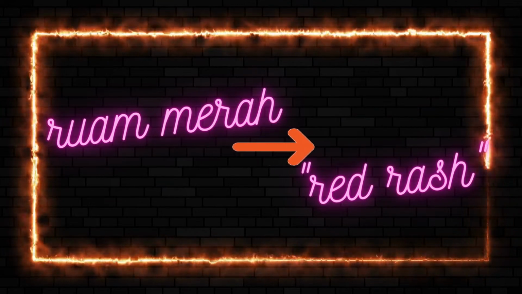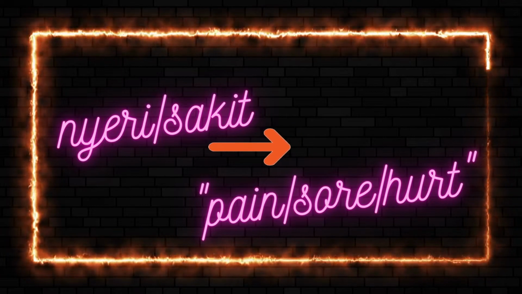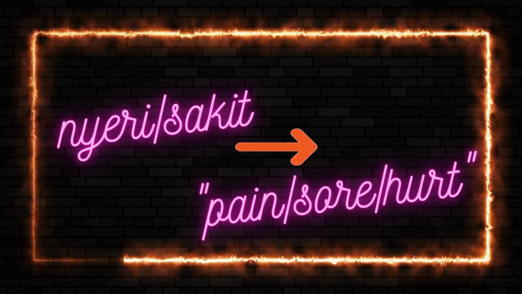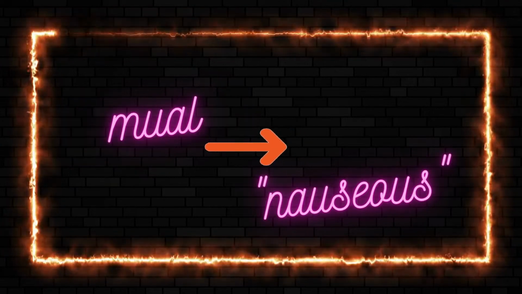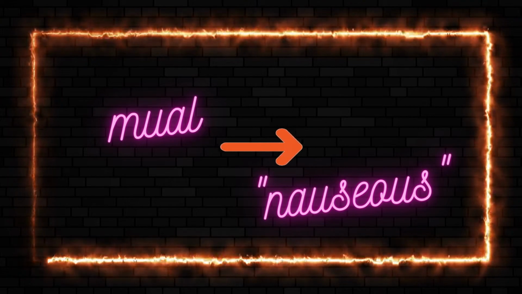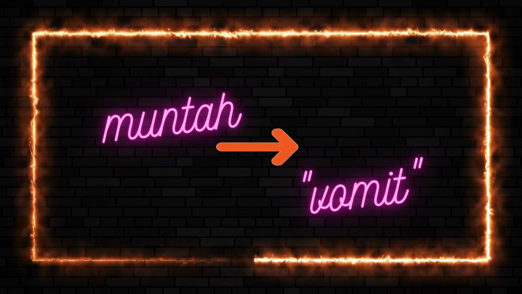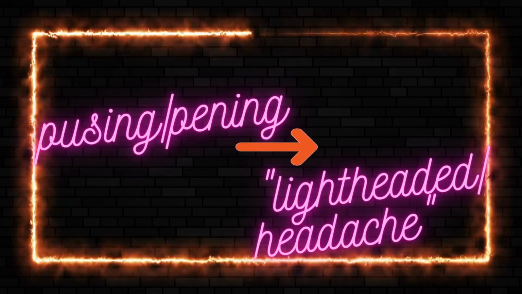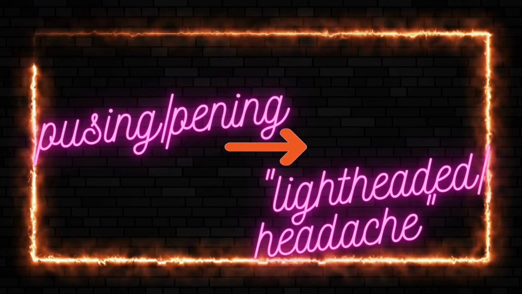Ruam merah, red rash. Nyeri, sakit, pain/sore/hurt. Bengkak, swollen. Mual, nauseous. Muntah, vomit. Pusing, pening, dizzy/headache.